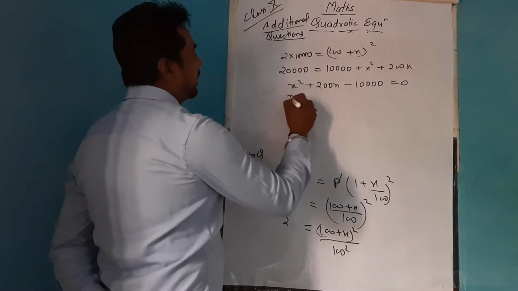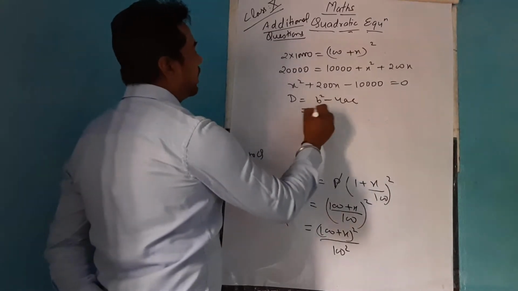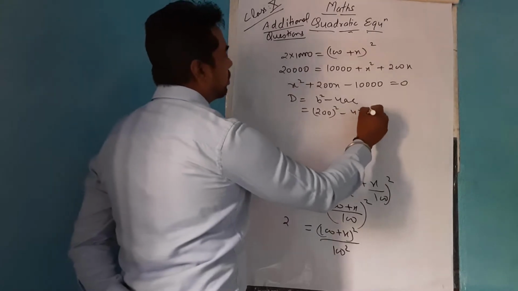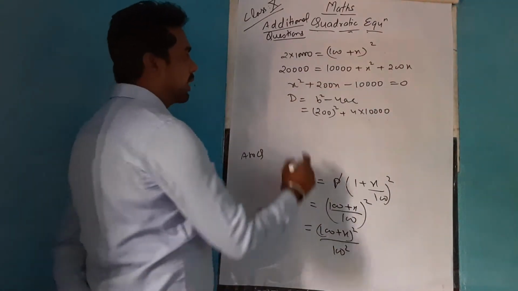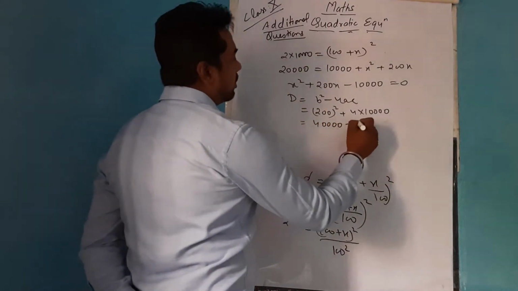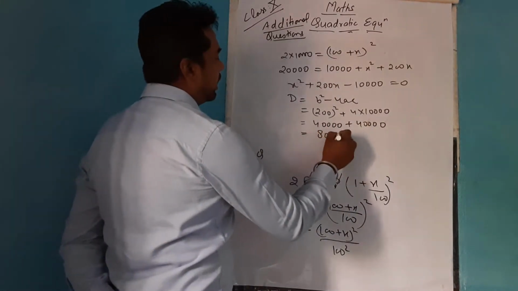So let's get the value of D, which is B square minus 4AC. That becomes 200 square minus 4 into minus 10,000, and this becomes plus as it is having a minus sign. That becomes 40,000 plus 40,000, that becomes 80,000.